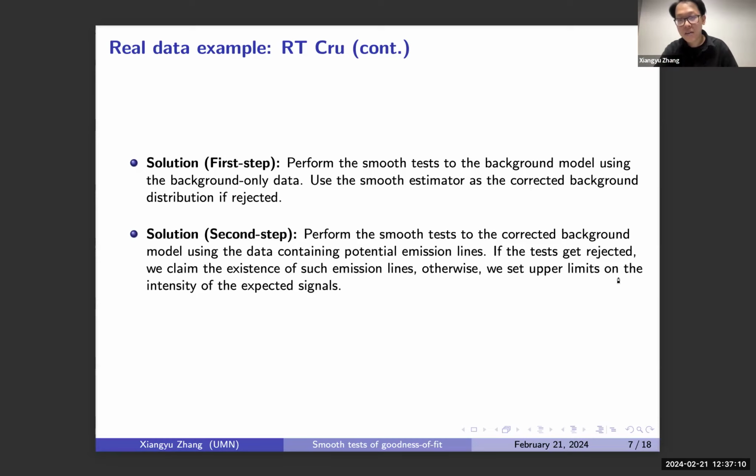Otherwise, we will set some upper limits on the intensities of expected signals. This is something that we haven't introduced, and I'm not going to introduce in this talk, but that's how we did it in our previous case.